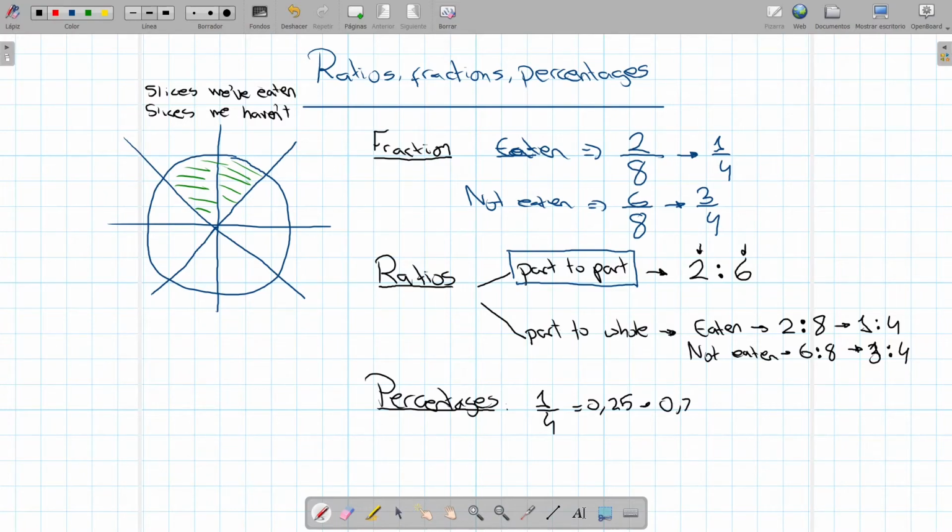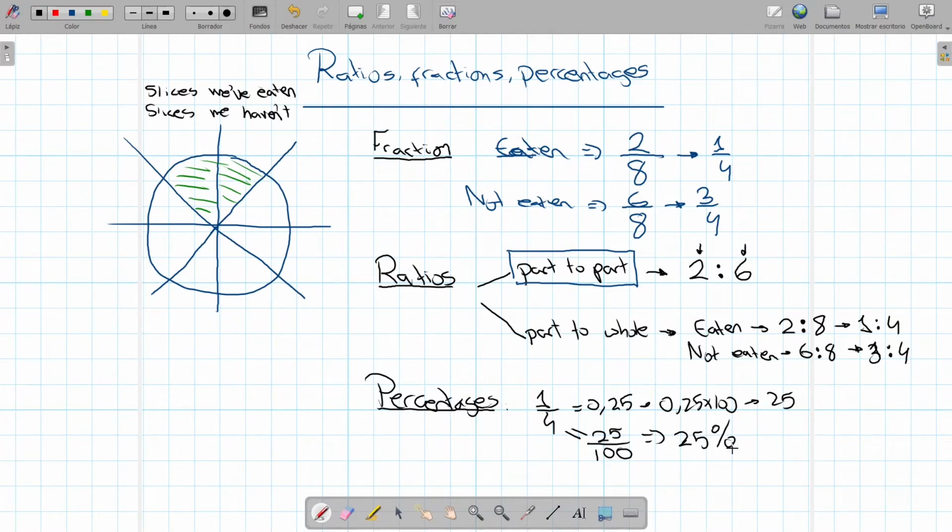So 0.25 times 100 would be 25. So 1/4 equals 25 out of 100. We don't simplify that, so we say that it's 25%.